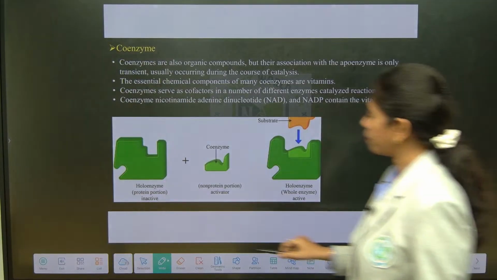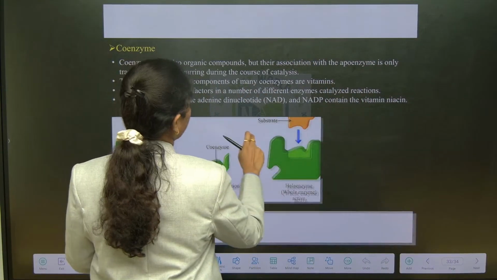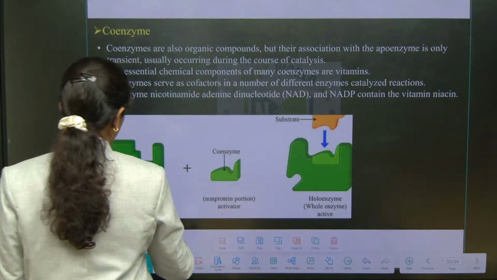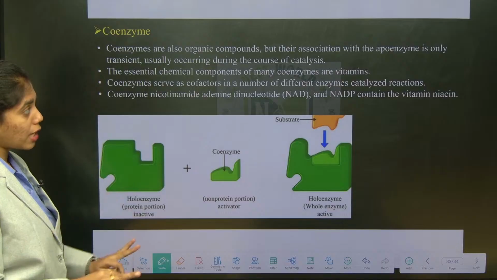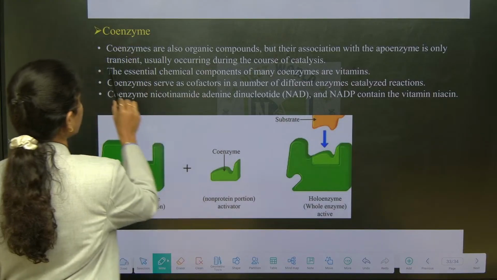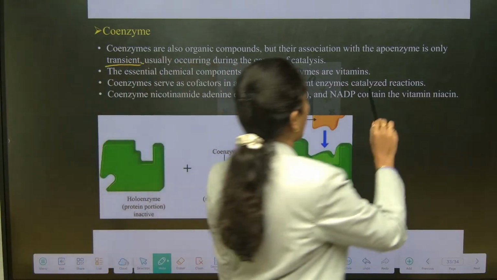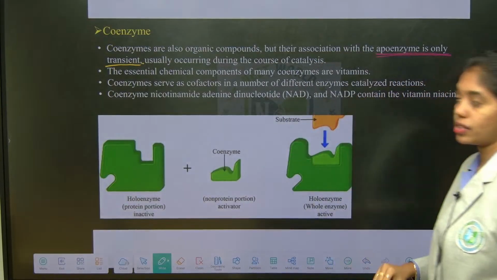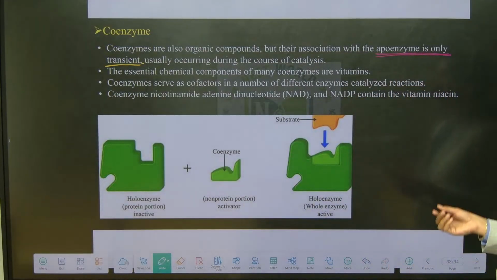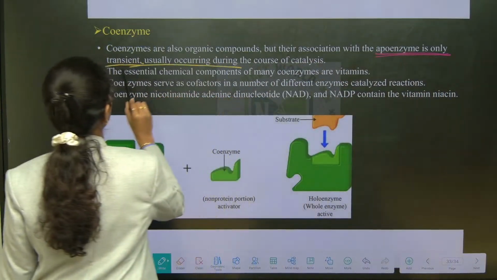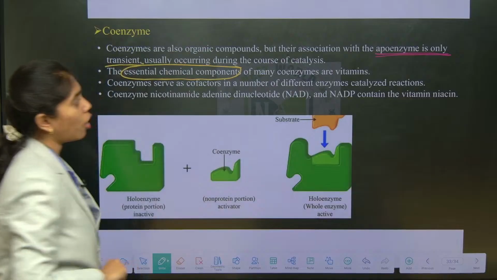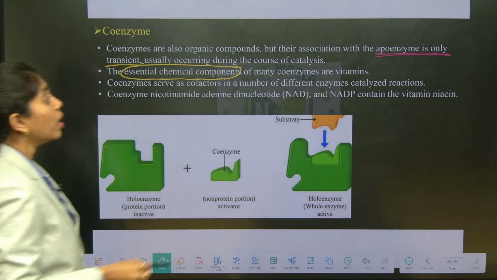Next is coenzyme. Coenzymes are also organic compounds, but their association with the apoenzyme is only transient. This usually occurs during the course of catalysis. The essential chemical components of many coenzymes are what?